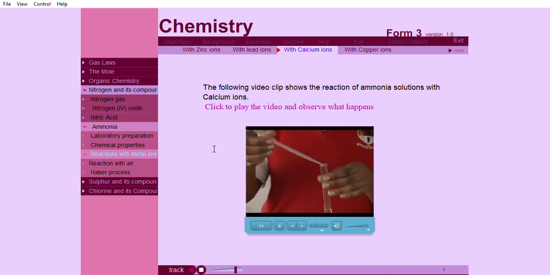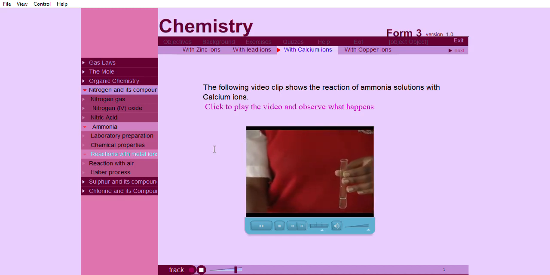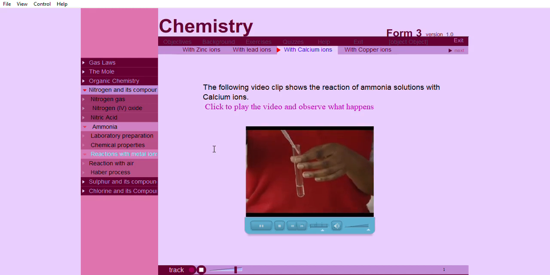Add ammonia solution until in excess. Observe what happens.